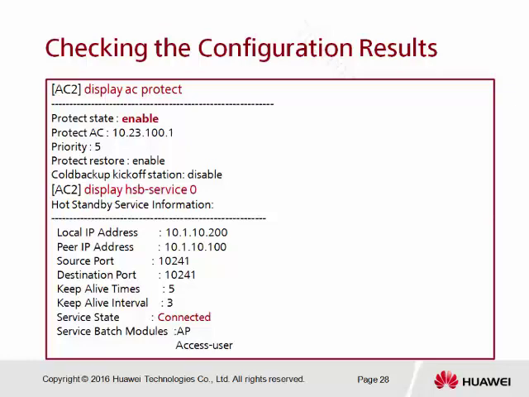Whether the connection is connected or failed, it will show you the service status here. Right now the AC1 and AC2 are connected, so it tells you it is connected. This is a very useful command when we want to do troubleshooting and verify whether the HSB service is up or not. So we use the show command called display HSB service.